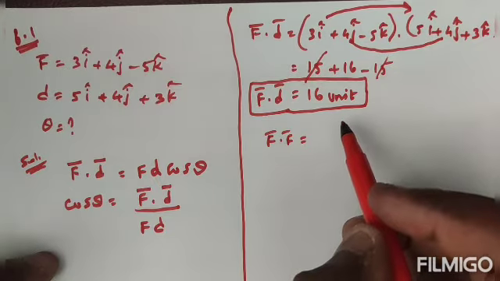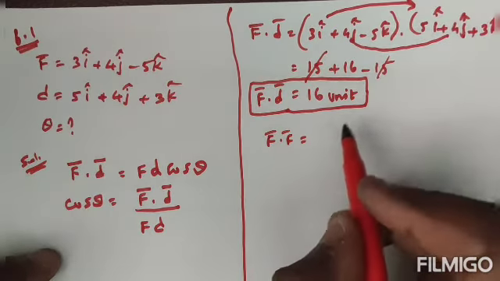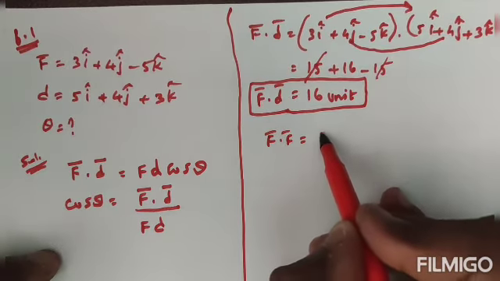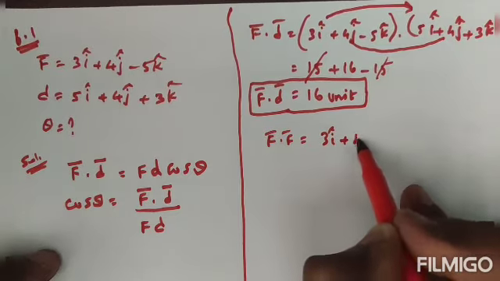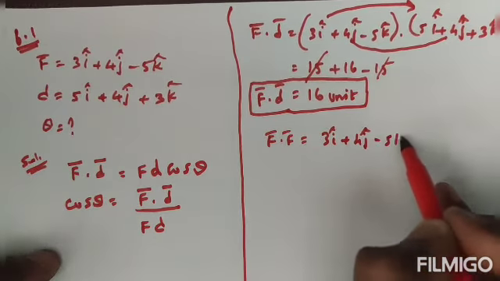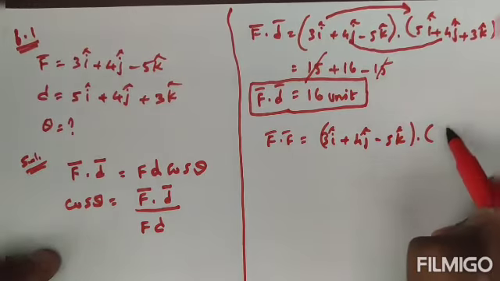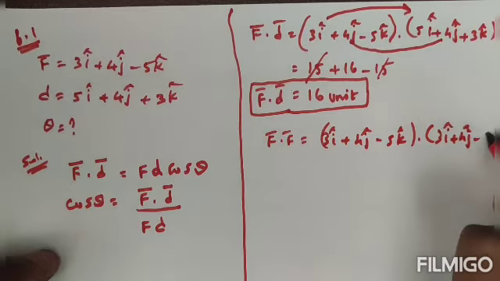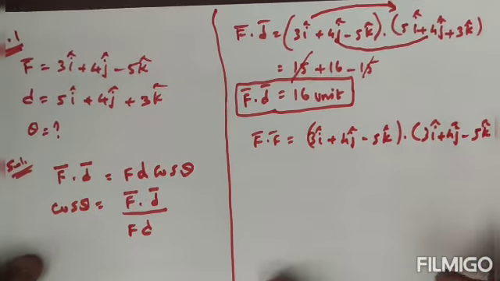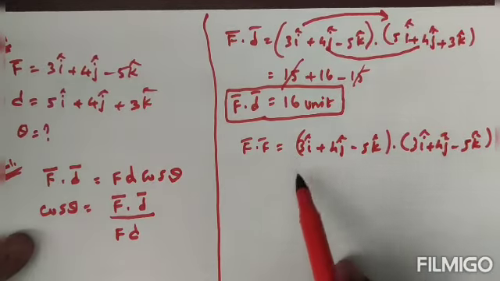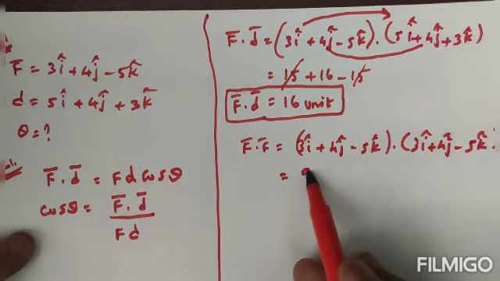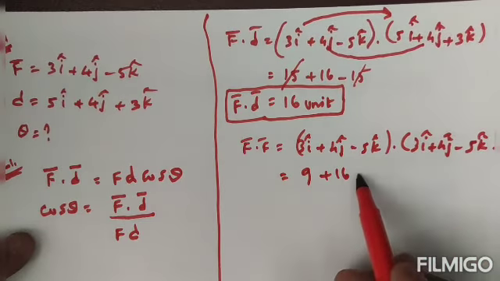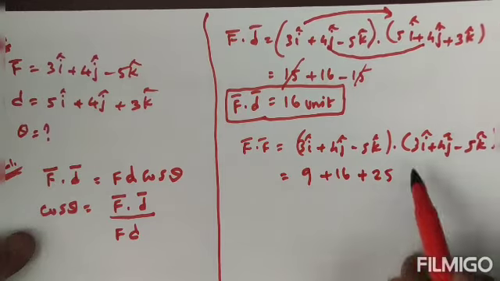F vector is 3 î plus 4 ĵ minus 5 k̂, multiplied again by itself: 3 into 3 is 9, 4 into 4 is 16, minus 5 times minus 5 is plus 25.